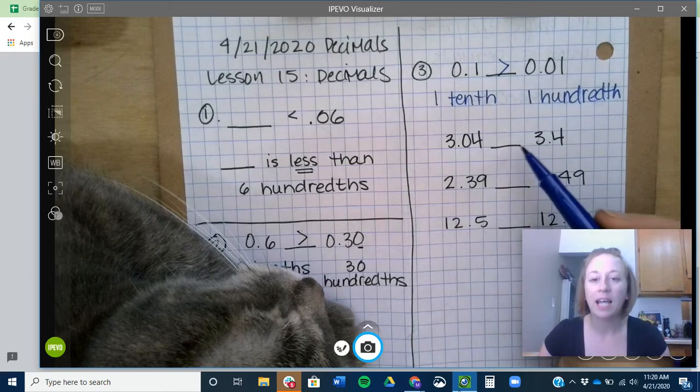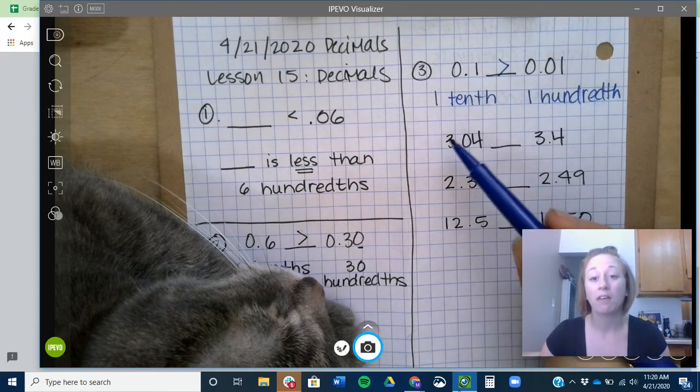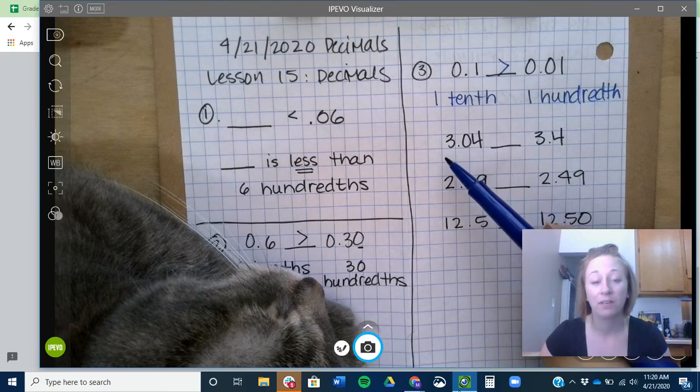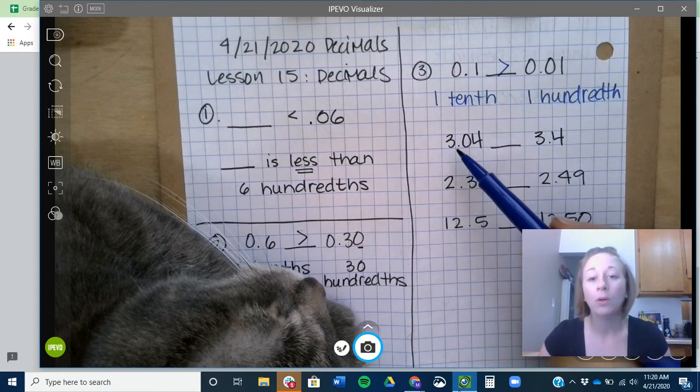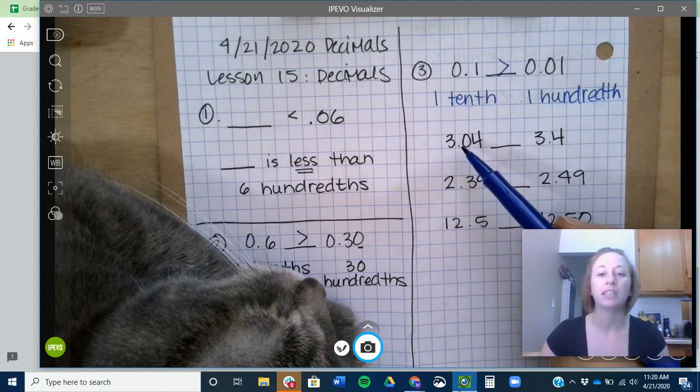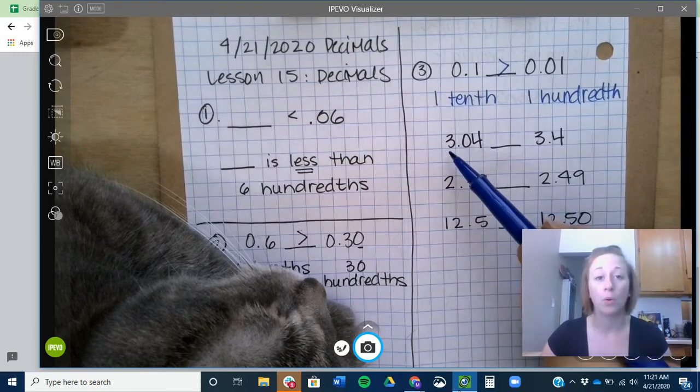Now you'll notice that options 2, 3, and 4 also have whole numbers. That's right, whole numbers. Well, Ms. Hayes, why do they have whole numbers? They have whole numbers because each digit to the left of the decimal is now a whole number.